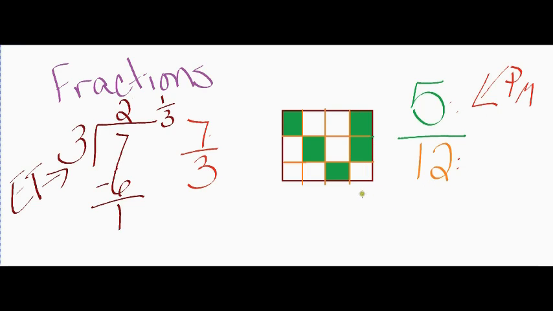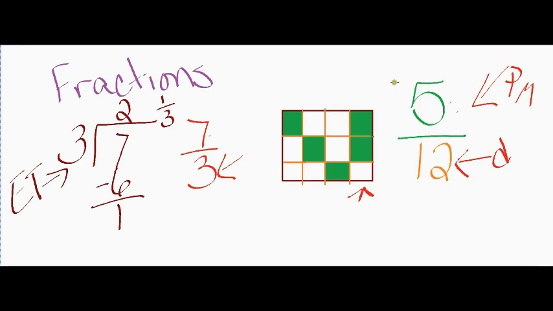This fraction goes with this nice rectangle here, and you can see it's broken up into 12 pieces. And that means the 12 is our denominator. Our 3 is our denominator here. The denominator tells you how many pieces you have, how many groups you have, how many sets in each group. That's going to be the way of dividing things.